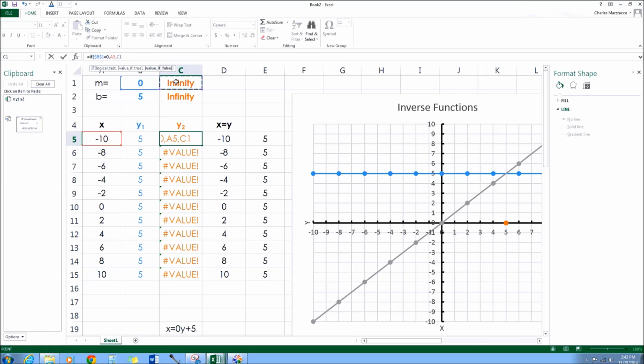Well, no. You mean the word infinity? No, it's not. Then it's this times that cell. This. Oh, yes, and F4 times this plus this.